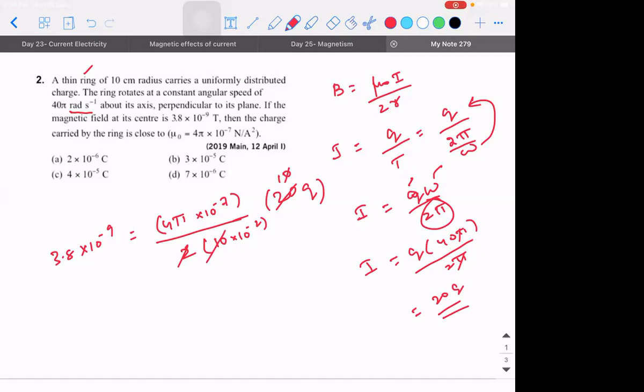So 3.8 into 10 power minus 9 is equal to 4 into 3.14 into 10 power minus 5 into q. I'm leaving this calculation part to you. Since they have told us it is close to, you can write the approximate value. Next.